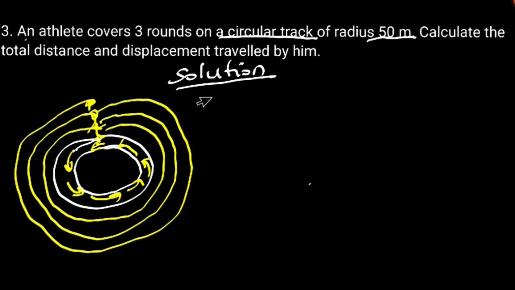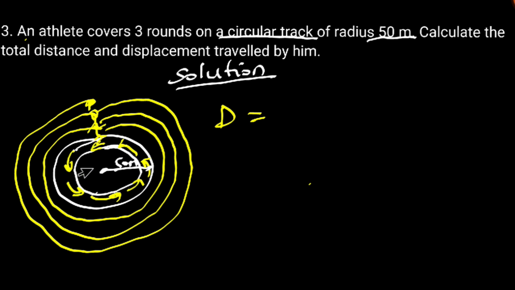Okay, so for the total distance here, remember we are given that the radius of that circular track is 50 meters. So assuming this is the center of the track, the radius from here to the track is 50 meters. Here what we are going to find is the circumference of this circle, because it's a circular track.